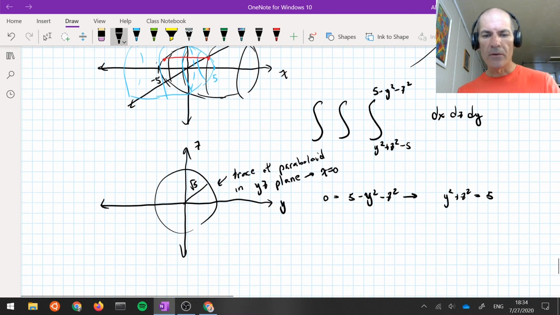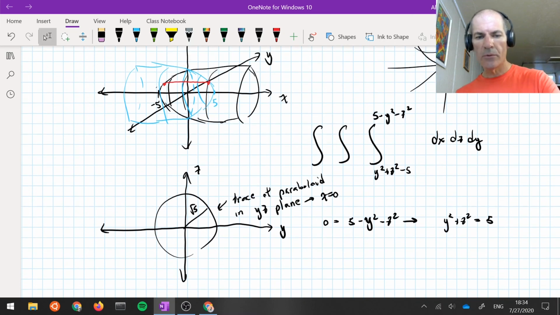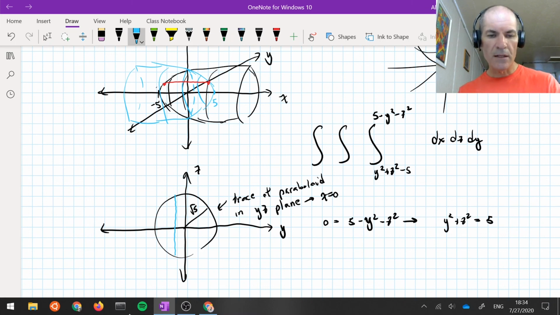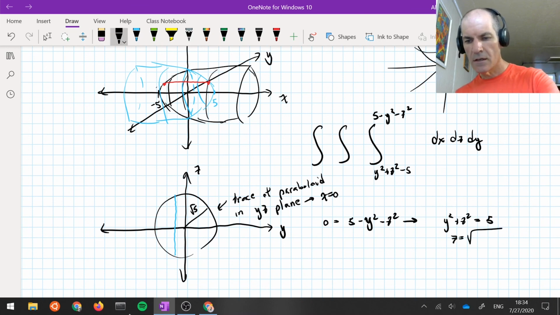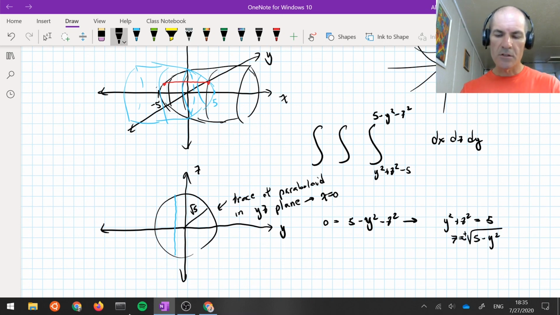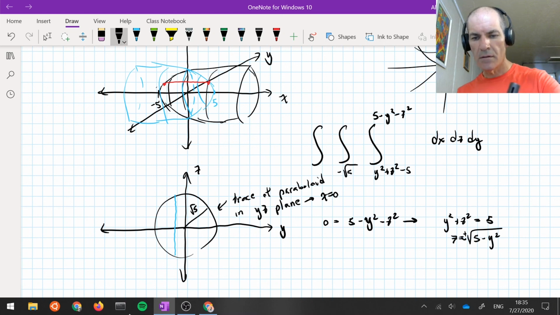Great. Now, we said that we were going to integrate with respect to z next. Z we're using blue for. A line segment that's parallel to the z-axis is going to start, let's solve for z over here, on minus root 5 minus y squared and end on plus square root of 5 minus y squared.